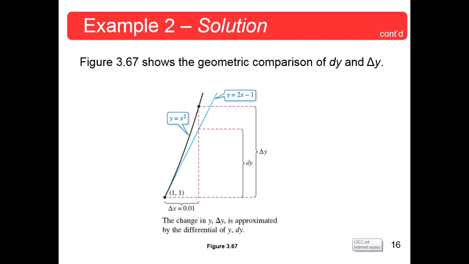So your dy was 0.02, and your delta y was just a little bit more. This looks like a lot more, but on a scale that made any sense at all, these would be so close together you can hardly see them apart. They've really blown it up so you can tell the difference.